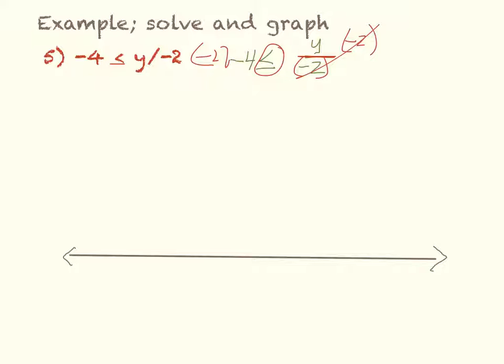So I have negative 2 times a negative 4, which is going to give me a positive 8, and I'm flipping my sign over, and that equals y. So my final answer is 8 is greater than or equal to y, or y is less than or equal to 8.